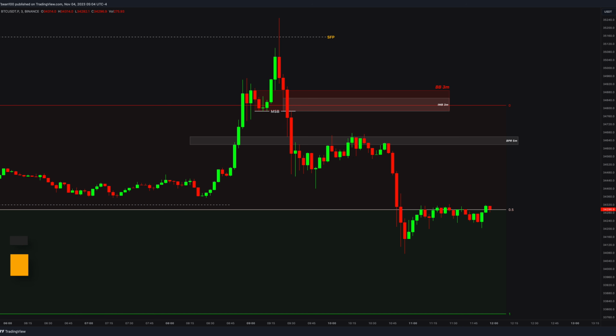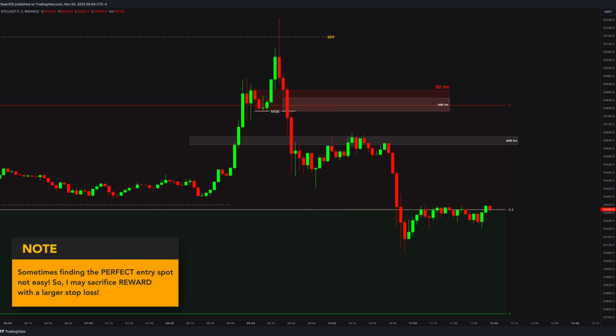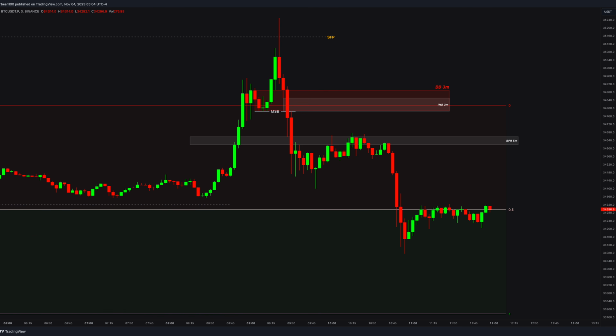Sometimes I also get myself into a dilemma such as this. Shall I use the BPR or breaker block with imbalance? There is no 100% certain answer to this. In this example, I had this giant stop loss, which also covers the breaker block and imbalance against a possible pullback.